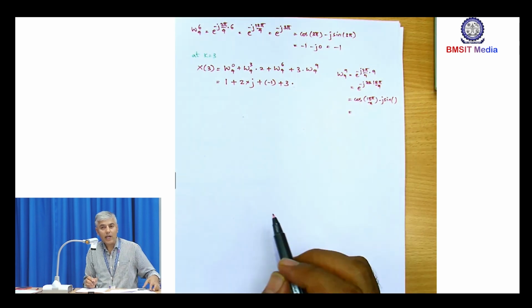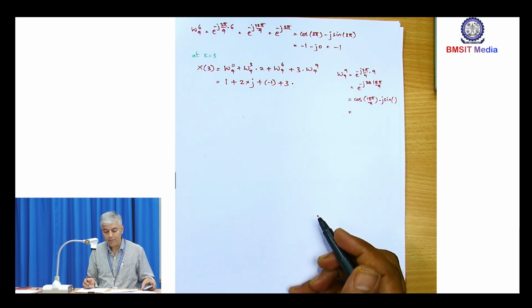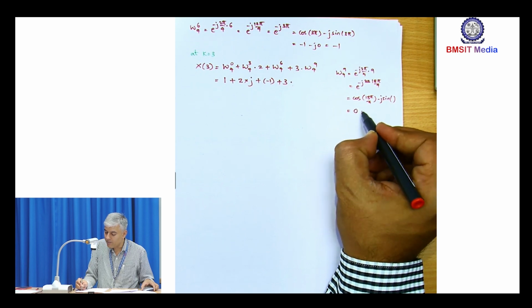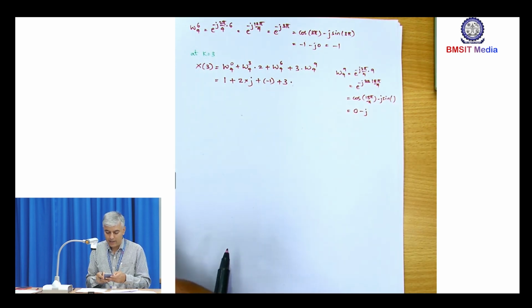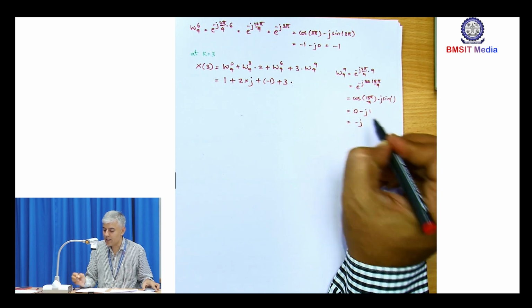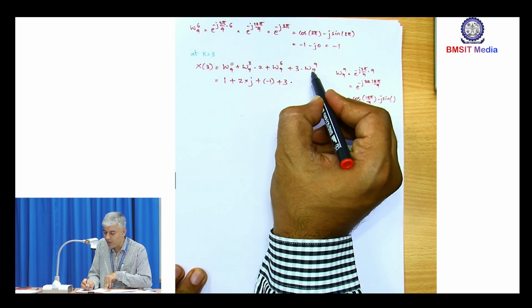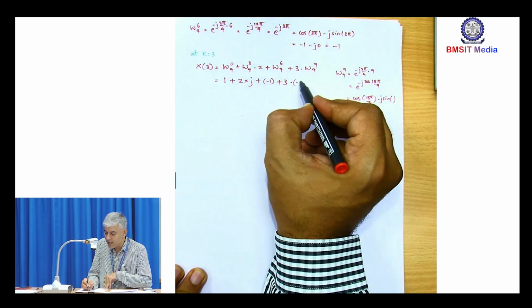You can use your calculator, set it up in radians mode, and find the value of 18 pi by 4. So the value happens to be 0 minus j sine 18 pi by 4, which is 1. So this value is minus j. So we got the value as w4 raised to 9 is minus j.